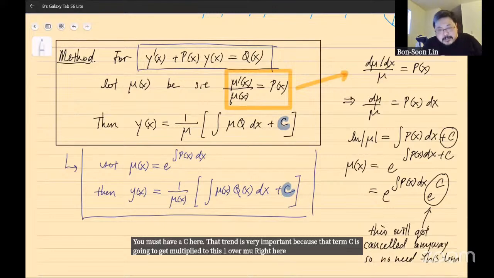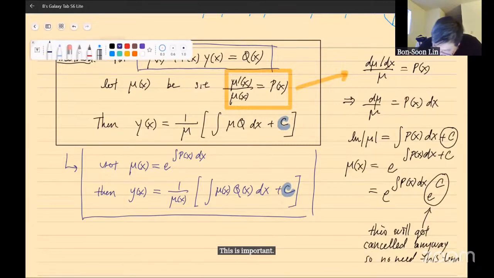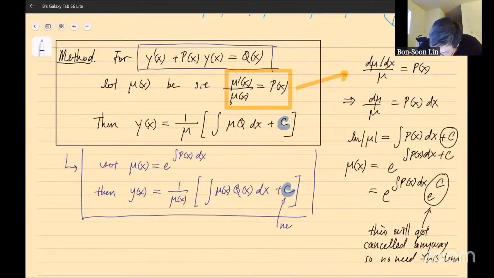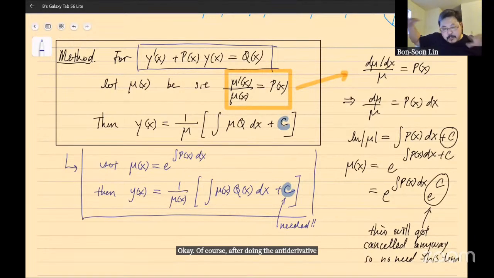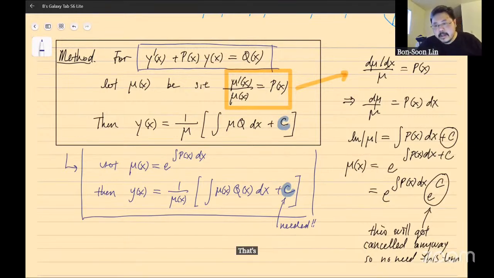So you cannot miss that constant C. This is important. Of course, after doing the antiderivative, you're going to get a C. I'm writing the C preemptively here to remind you there's going to be a constant C there. That's going to be our one parameter for our one parameter family of solutions.